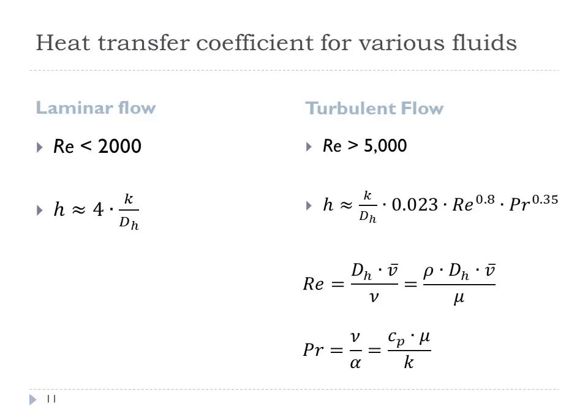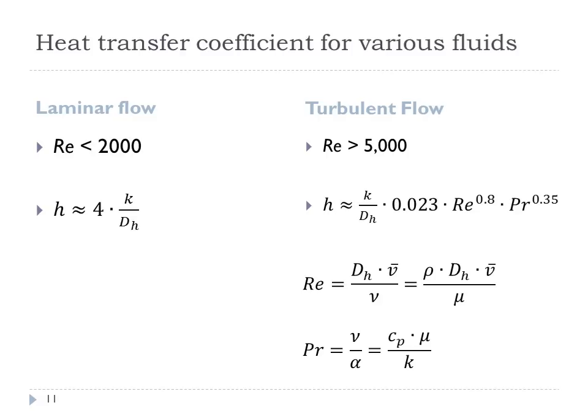The Reynolds number is the hydraulic diameter times the velocity divided by the kinematic viscosity. This can also be put in terms of the dynamic viscosity, such that you have the mass density times the hydraulic diameter times the velocity divided by the dynamic viscosity. So that's the Reynolds number. Low Reynolds number is laminar, high Reynolds number is turbulent.